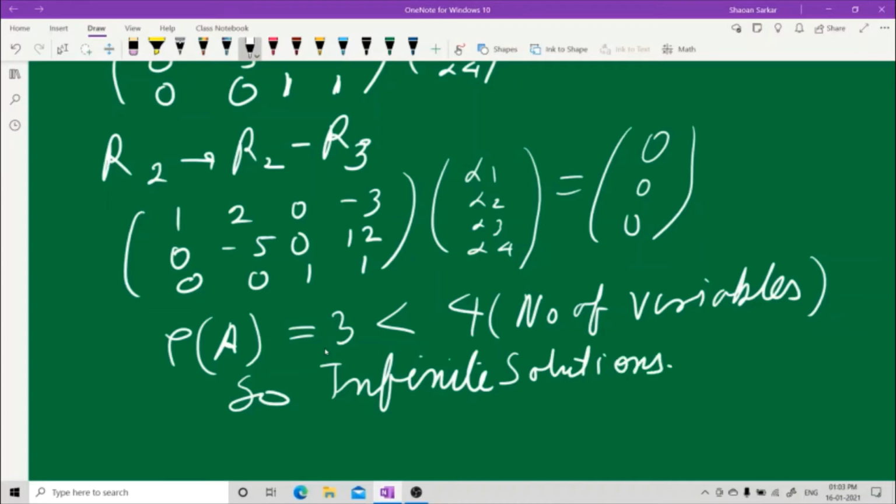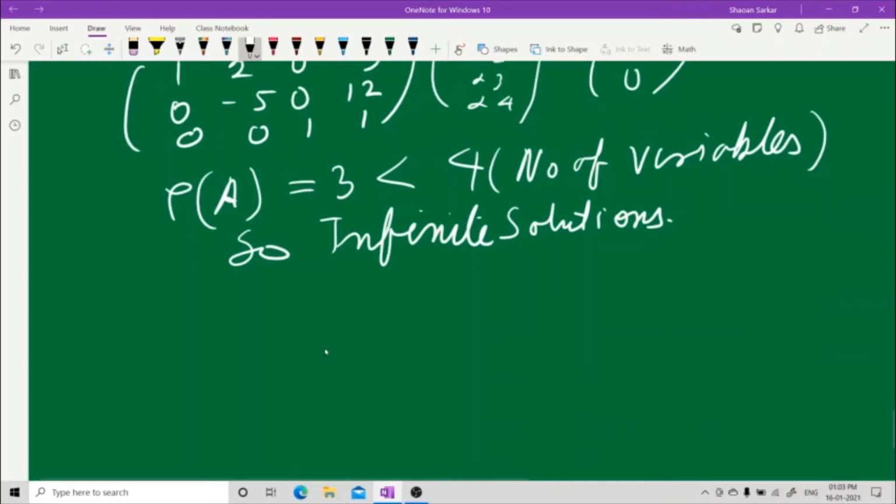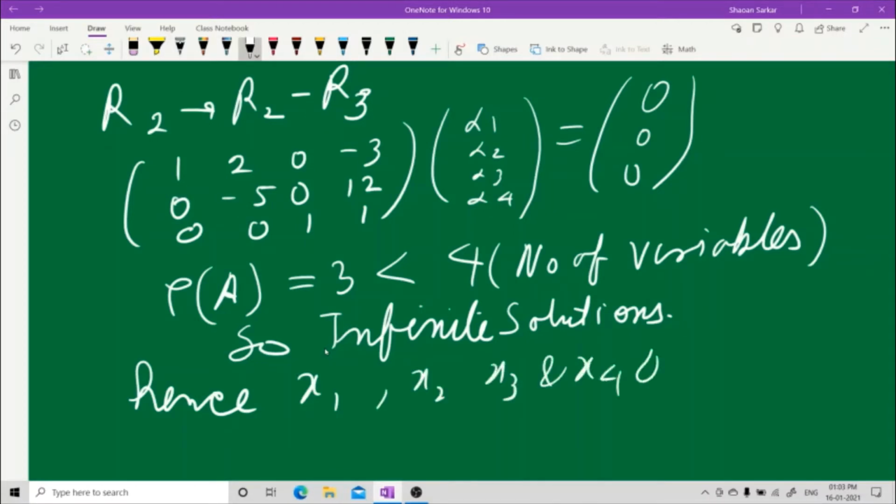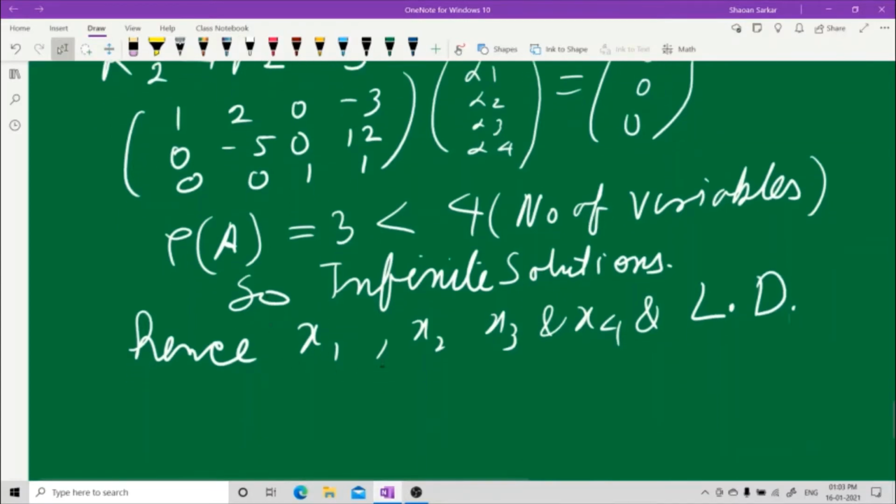Now, this is one thing you have seen. Now supposing infinite solutions, hence x1 vector, x2 vector, x3 vector, and x4 vector are linearly dependent, number one point.